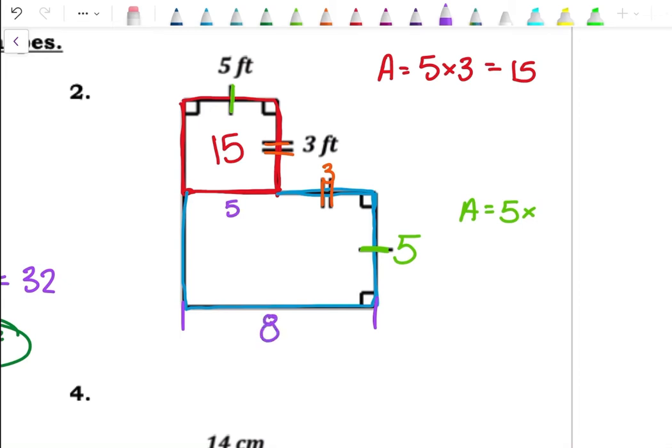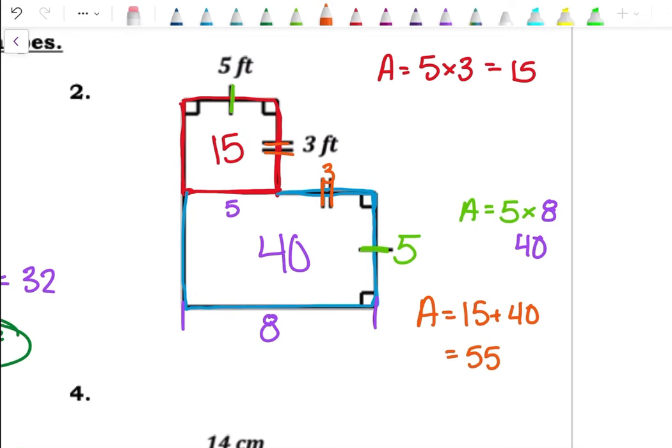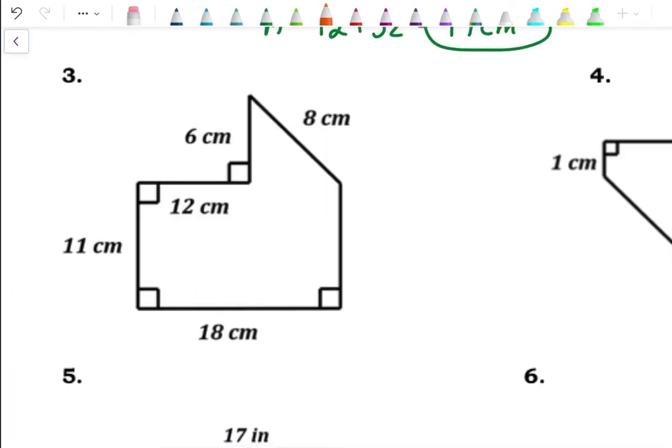That's going to be 8. So 5 times 8, which is 40. So the area of the bottom bigger rectangle is 40. So the area of both is 15 plus 40, which is 55. So 55 feet squared.